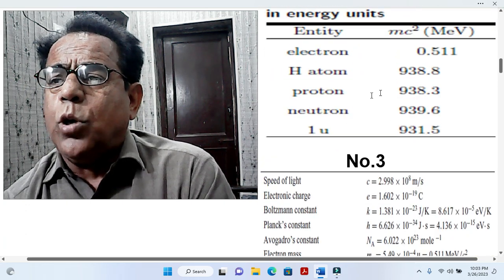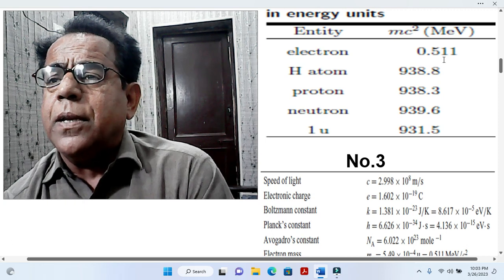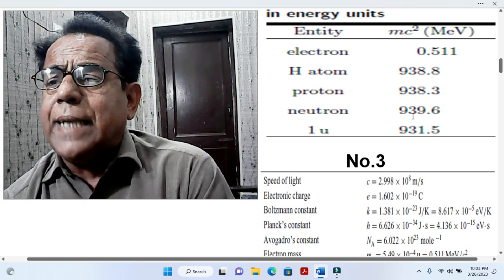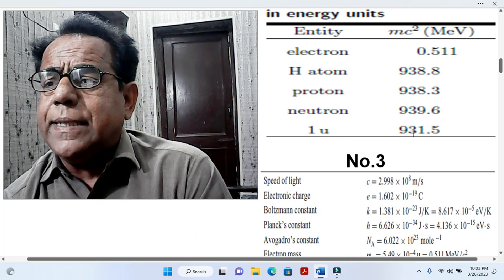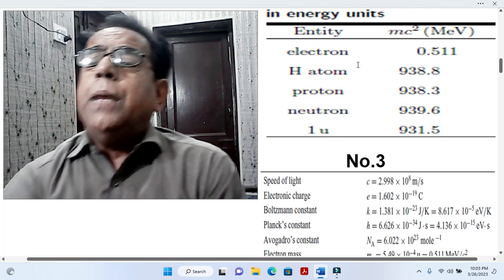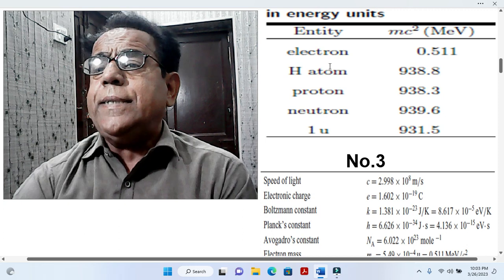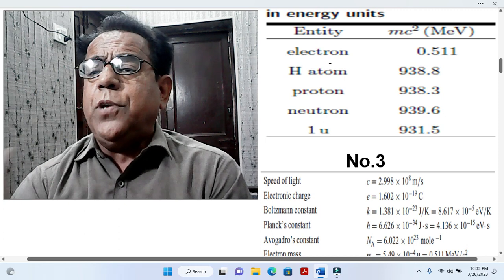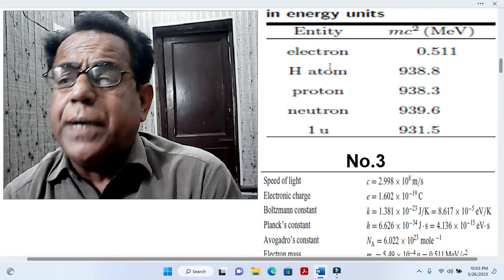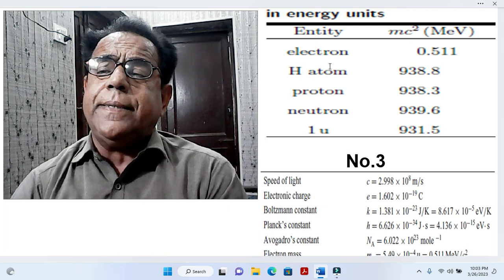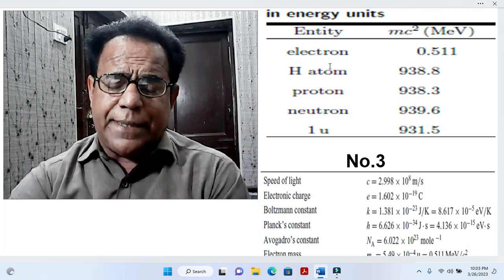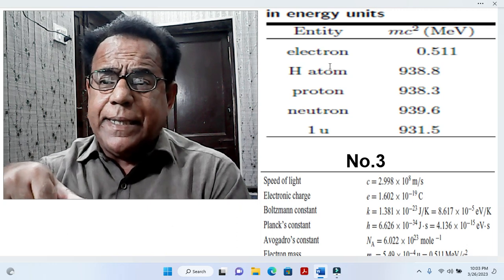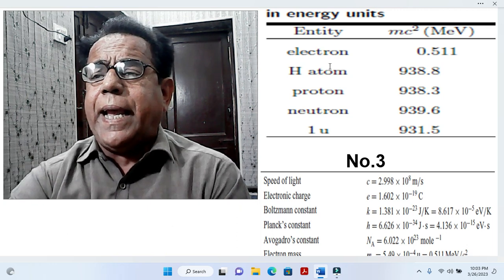For electron this is 0.511, while for neutron this is 939.6, and for 1u this is 931.5. Because, dear students, electron is a light element revolving around the nucleus, while proton and neutron are massive particles, and due to their larger mass they remain inside the nucleus as heavy particles.